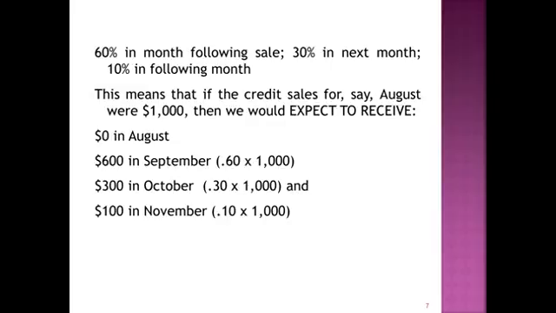The month following the sale is September, so 60% of $1,000, so $600, is expected in September. The next month is October. 30% or 0.30 of $1,000 is expected to be collected in October, so that is $300, and $100 in November. The last 10%, 0.10 of $1,000, will be collected in November.